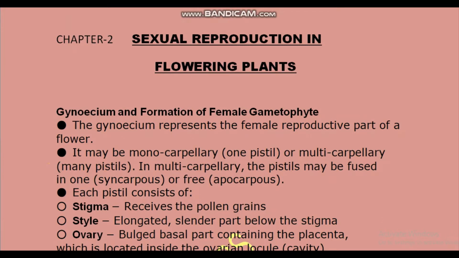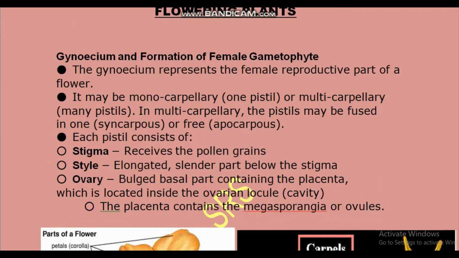Already it is discussed that gynoecium means female reproductive part, be it monocarpellary or multicarpellary. To clear this term, what is the meaning of monocarpellary? Mono means one, and carpellary means carpel. So if the flower bears only one carpel, then it is called monocarpellary.